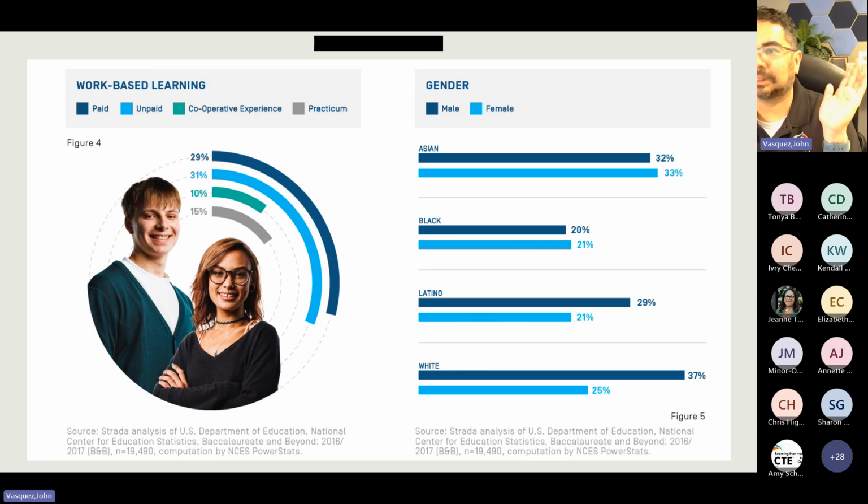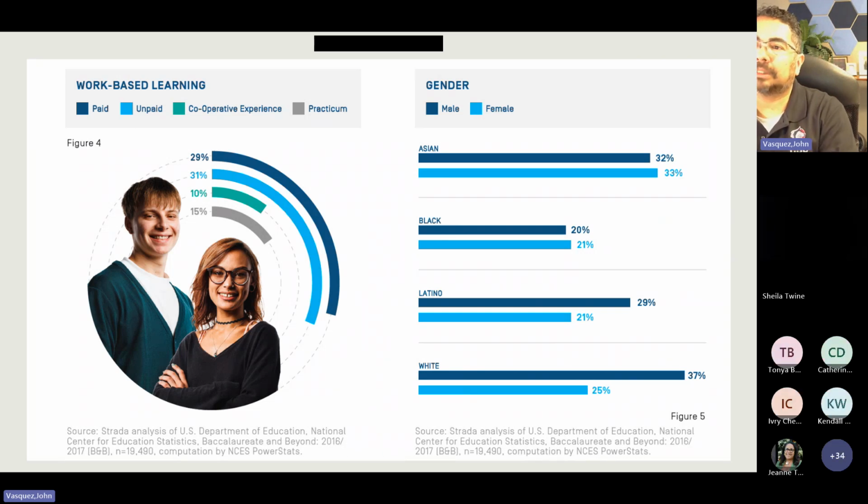So it's not just when they were in college, but after they graduated, what did they do? What did they engage with? And I think it's really helpful to see the impact, again, of work-based learning on paid and unpaid students by race, and then adding in gender as well.